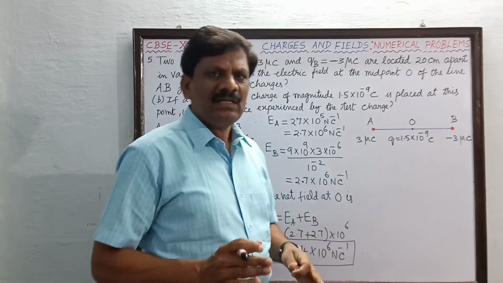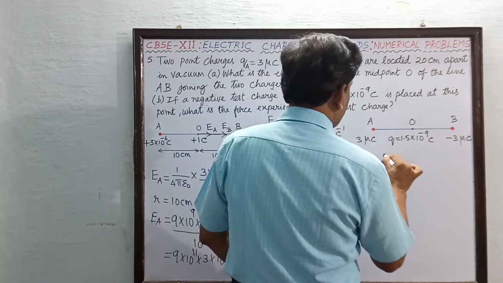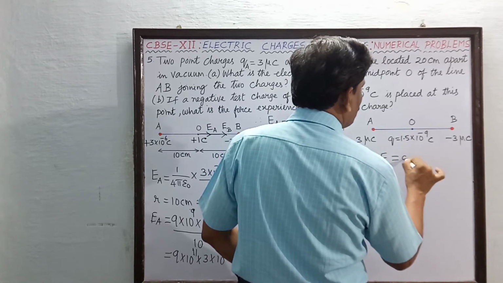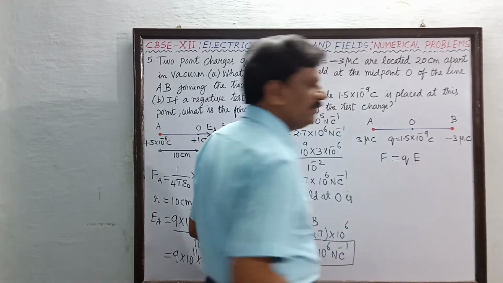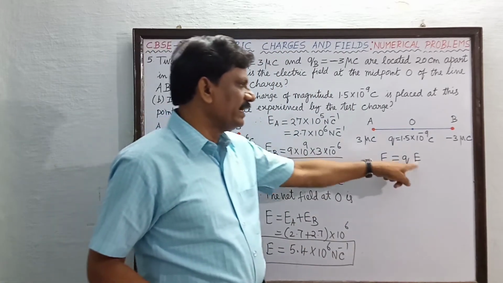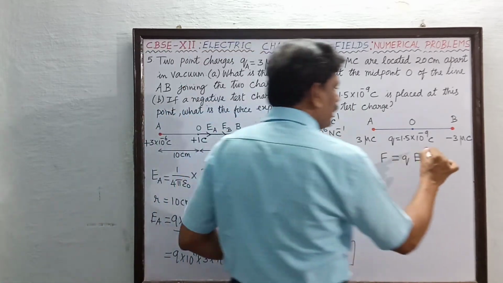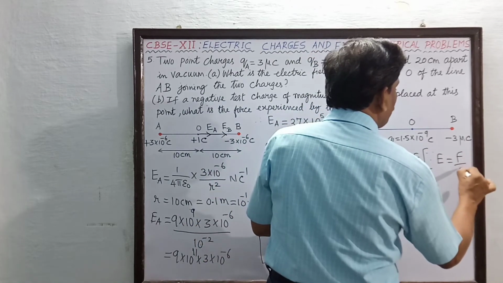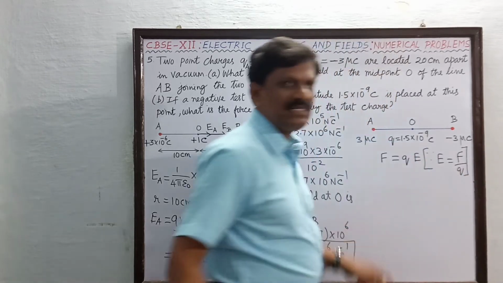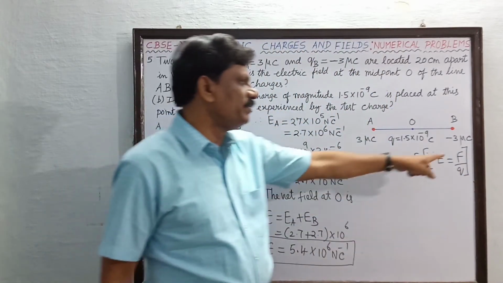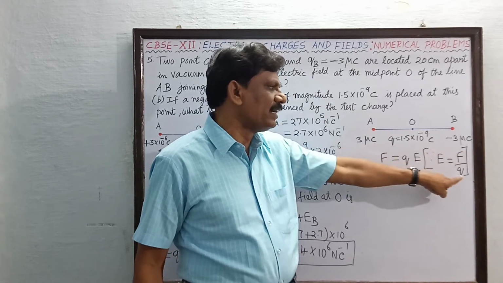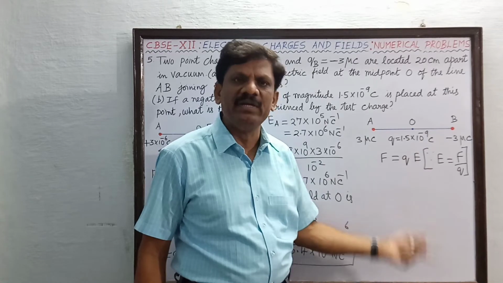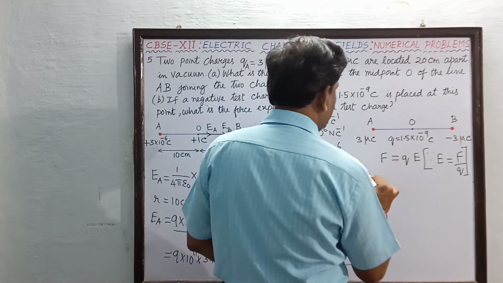Here there is a relation: the force experienced F is equal to the charge Q into the electric field, because electric field intensity is equal to force per unit charge. We have studied in the theory class, is it not? The force experienced per unit charge, Newton per Coulomb, is the electric field. Therefore F is equal to E into Q or Q into E. So what force is it going to experience?